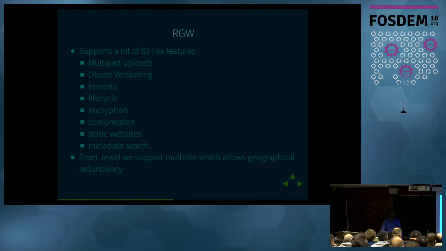You can download the object as a torrent. You have some lifecycle policies which allow you to delete or expire objects. Then you have support for encryption. There is some compression support from the Luminous release of Ceph. You can host a website with static websites, and now we actually support metadata search with Elasticsearch.